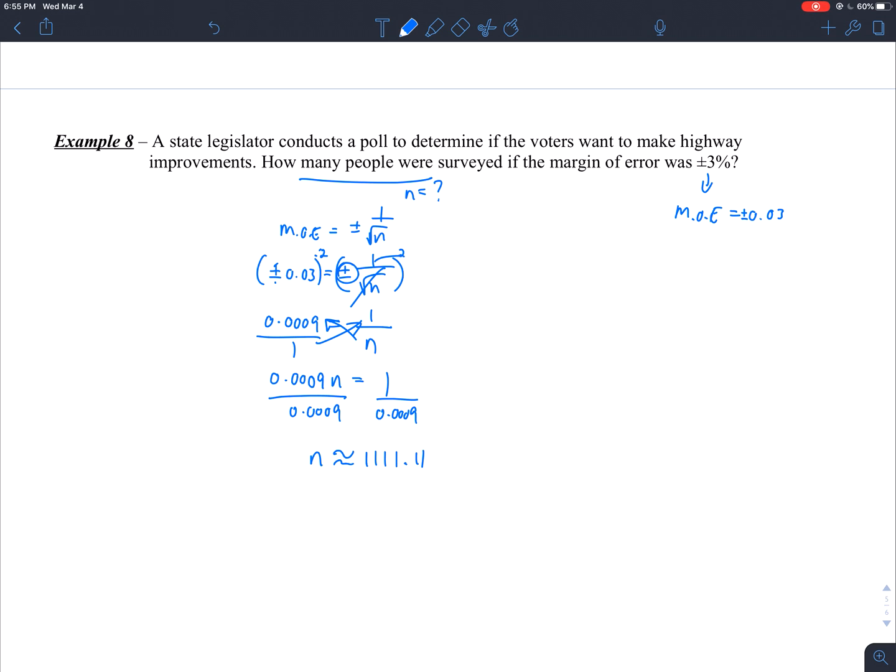In this case, what you should do to make sure everything works correctly is choose the bigger sample size. This is talking about people, okay? I can't sample 0.11 of a person. So actually what you should do is say my sample size that I'm going to use will be 1112. I'll round it up. So always round up for sample size.